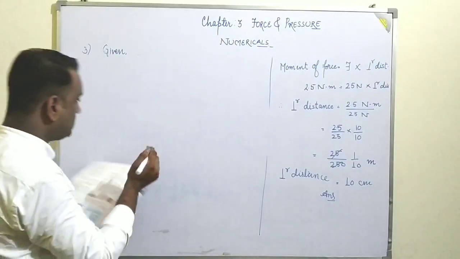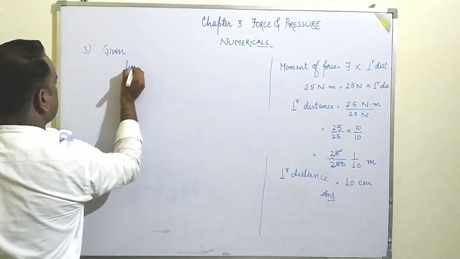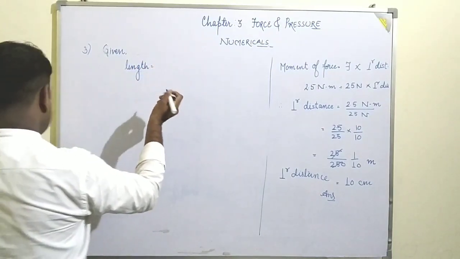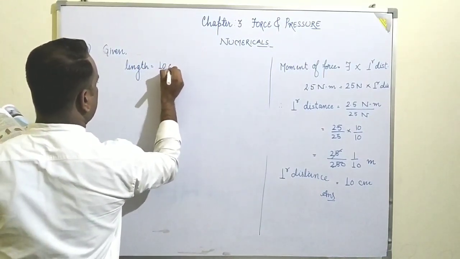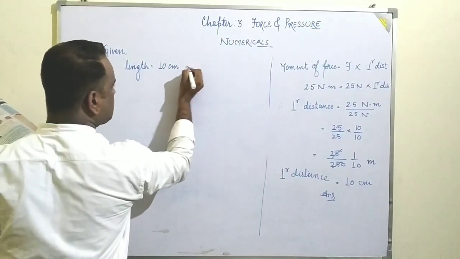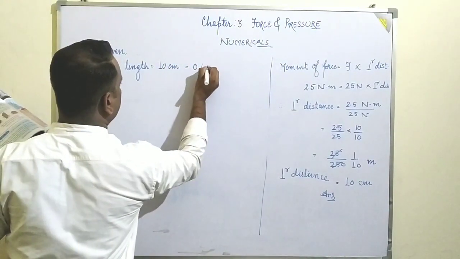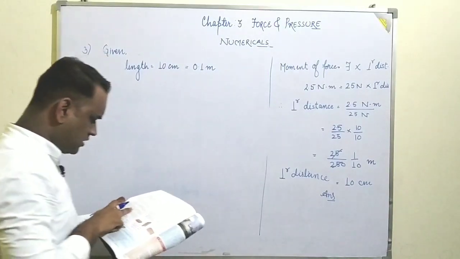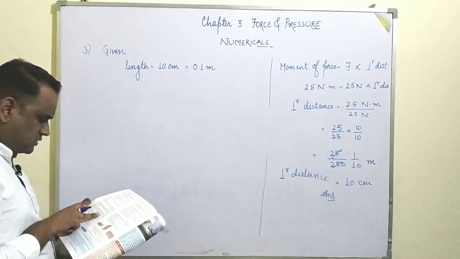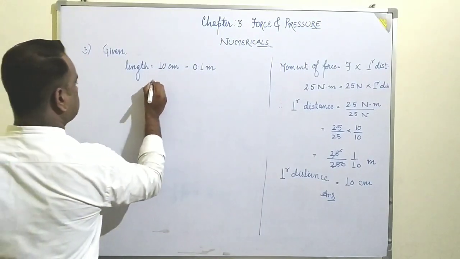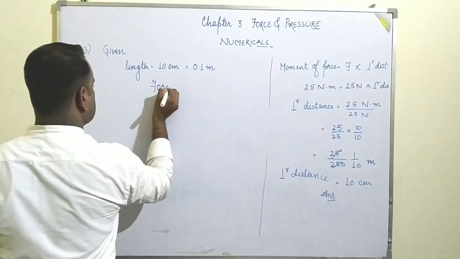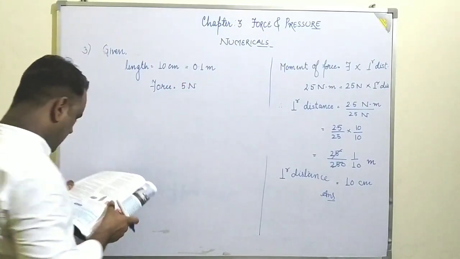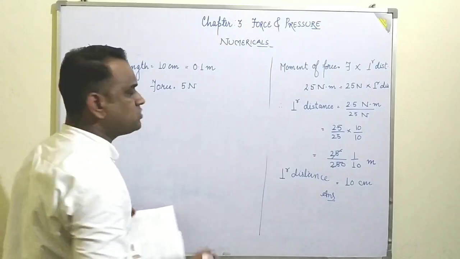Here the length is given as 10 centimeter, so in SI unit it will be 0.1 meter. And next, the force is given as 5 Newton. We have to calculate the moment of force required.